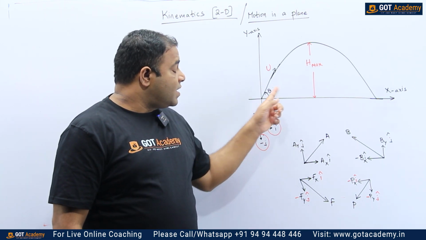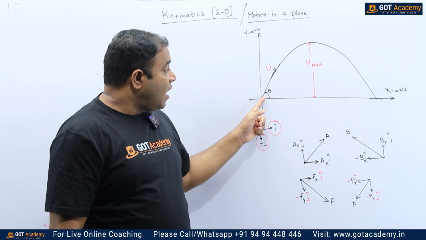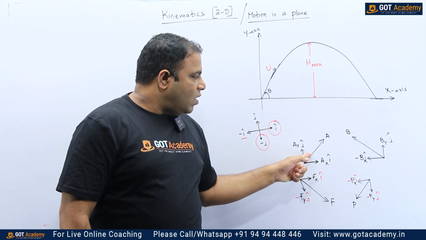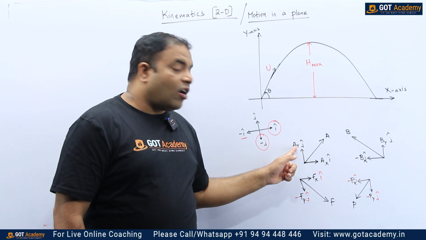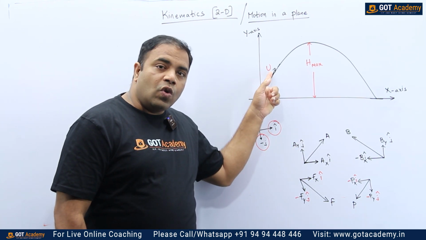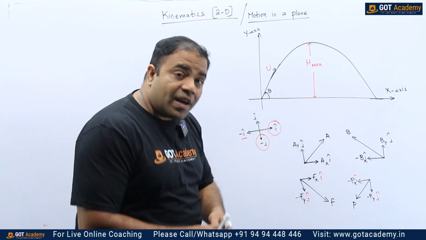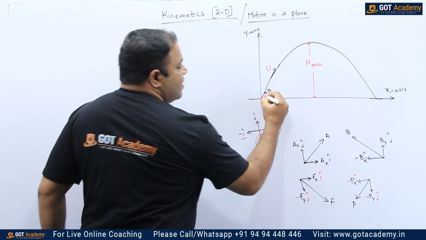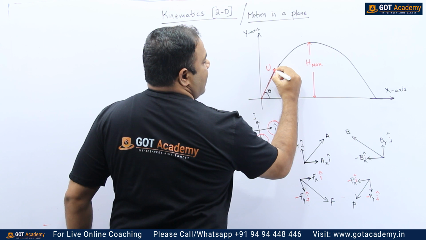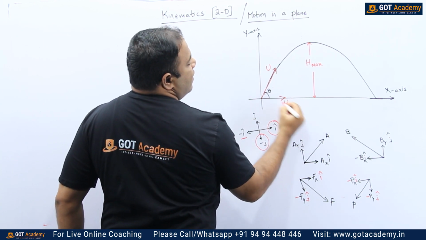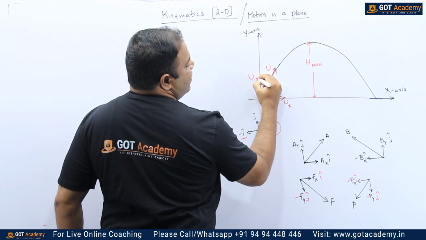If you observe carefully, this u is taken upwards and towards right side, in this direction. So since A has x component and y component, this initial velocity u must also have x and y components. Yes or no? So now let me draw its x and y components. Since it is going in upward direction like this, its x component is here, that is ux, and its y component is here, that is uy.